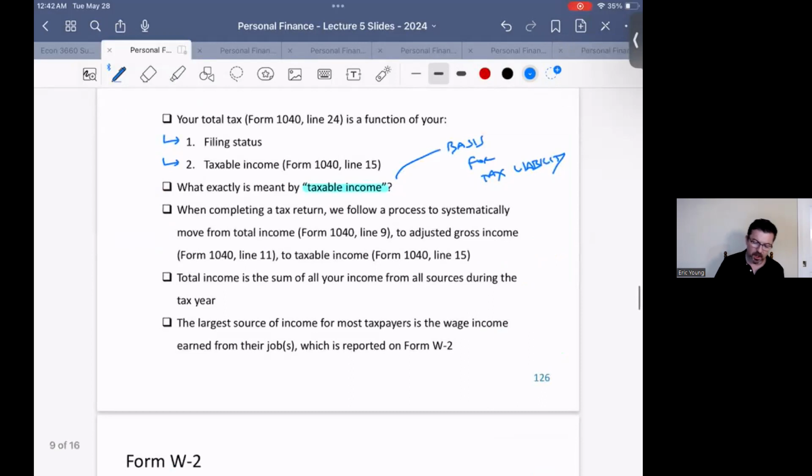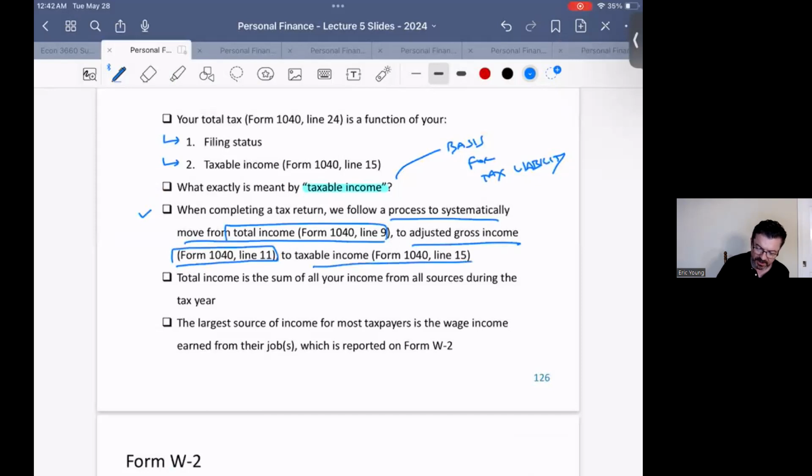As I said a moment ago, all a tax return is a process to systematically move from total income to adjusted gross income to taxable income. Step by step, every step, chipping a little bit away, reducing income.